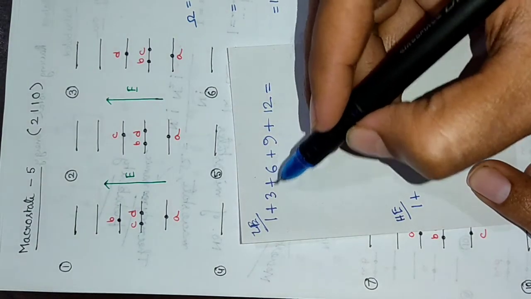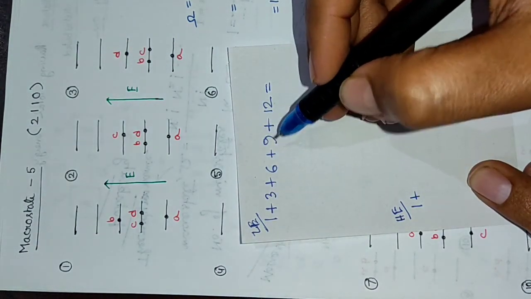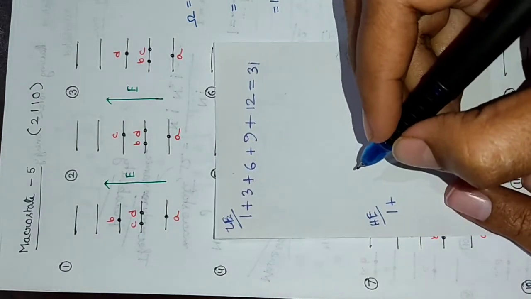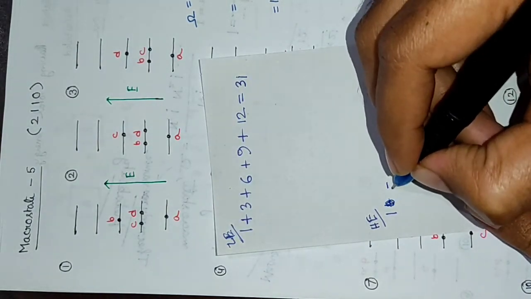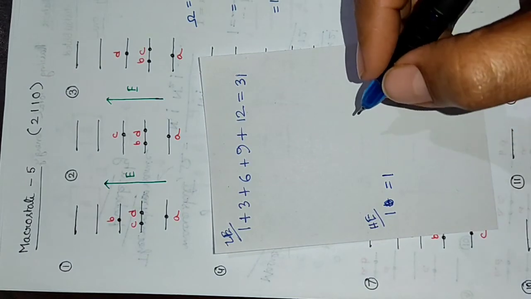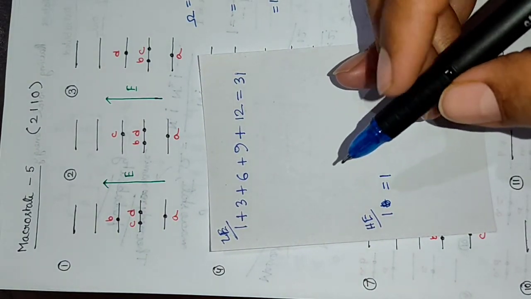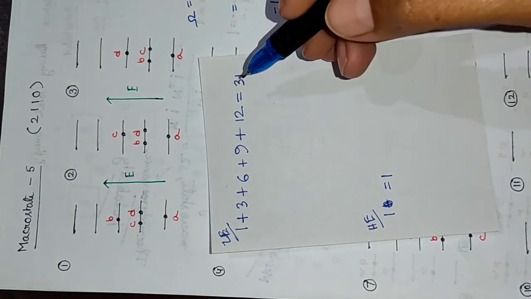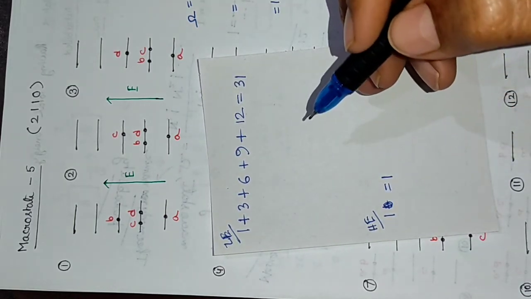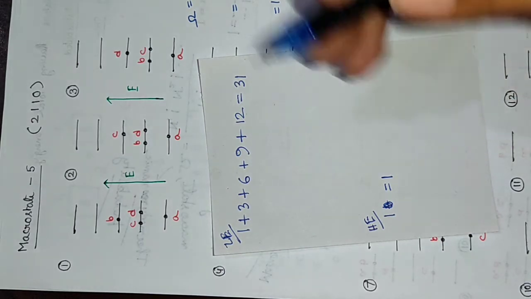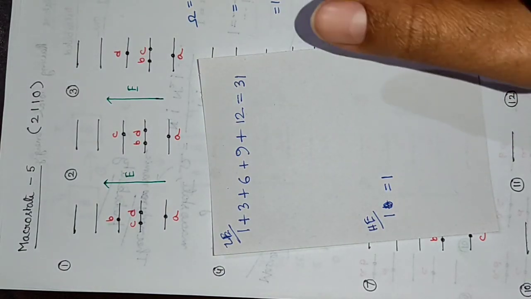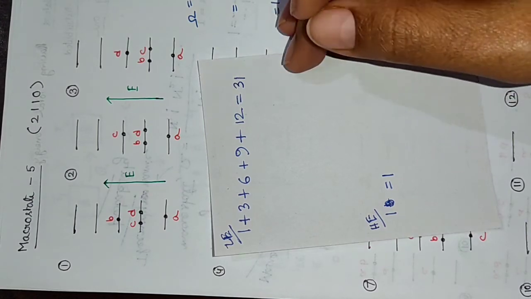So it is 6 plus 3, 9, 9 plus 9, 18, 18 plus 12, 30, 31. And we have higher energy to be 1 only. And we have ignored 3 microstates where A was enjoying 3 epsilon. So in total we have 31 plus 1, 32 and plus 3, 35. These are the total number of microstates that we have obtained, and it is possible for the composite system.